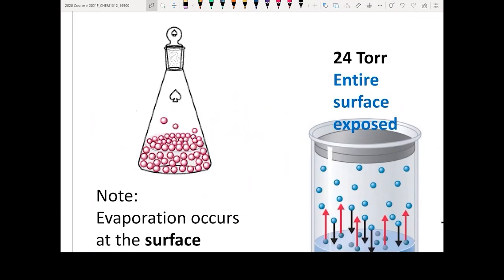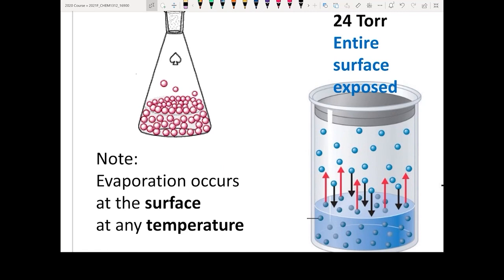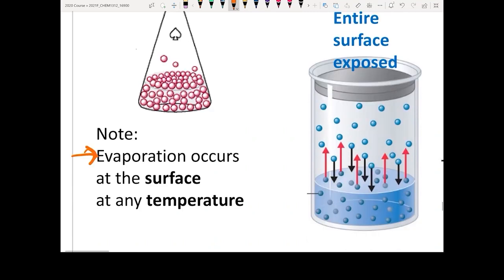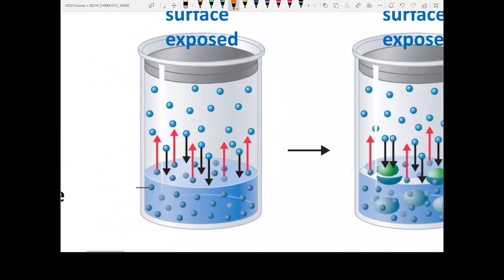How is the solute going to affect this property? When a solution starts to evaporate, this process happens at the interface between your liquid and your gas. The evaporation occurs at the surface at any temperature. Think about this as the original solution you have. At equilibrium, we know the gas molecules evaporate and condense at the same rate.